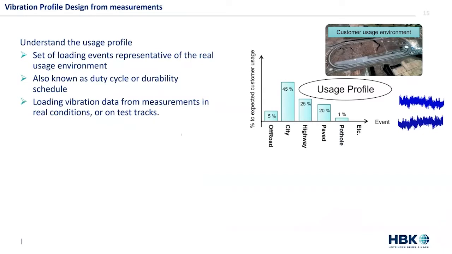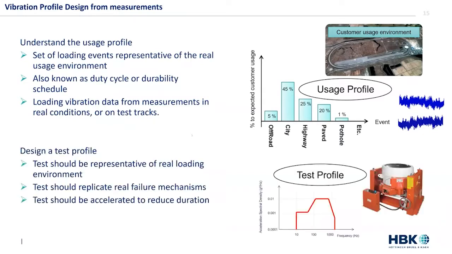you have then to go into the second step, which is the actual design of a PSD typically, or a reduced vibration spec that is representative of that. By representative, I mean it's like in this example where you see a PSD here, it's got a given frequency range, so it's got to be representative of the frequency range you find in your signals. At some frequencies there's more energy than at others.